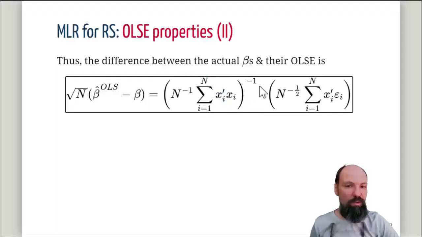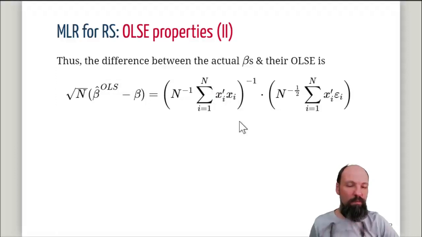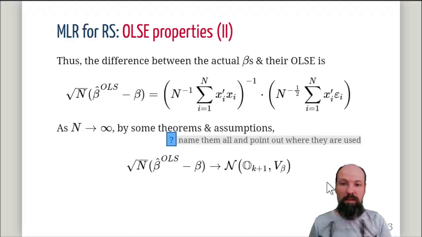Then the inversion of that thing also converges to the inversion of that limit, because that limit is not 0. And we know that it is not 0, because of that additional assumption that we skipped about the full rank of the X prime X matrix.